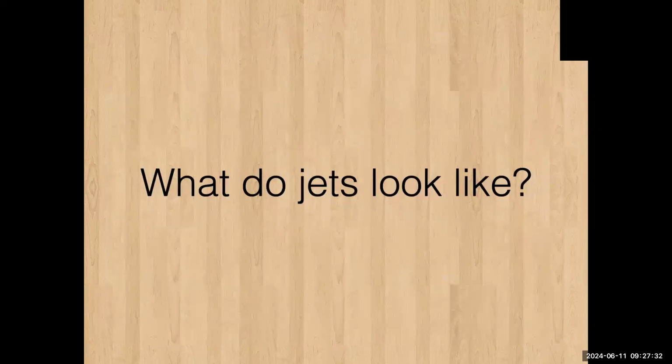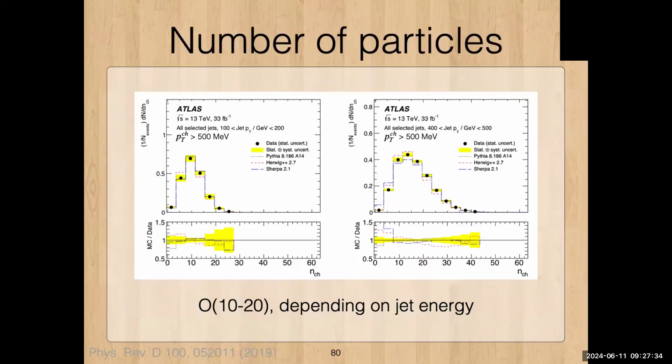Okay, so now what do jets look like? Let's look at some basic properties, just to give a mental image of how they look. First thing, number of particles. Okay, and so this is a measurement by the ATLAS collaboration for charged particles above 500 MeV.